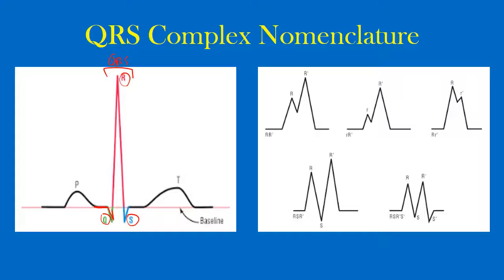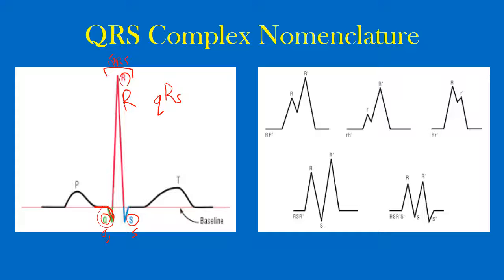If we try to name this QRS image here on the left, let's see how we would name it. Well, this first Q wave is a small one, so small waves get the lowercase q. And here, this is a big R wave, so it'll be a capital R, and this is a small S wave. So we would write it like this: a small q, big capital R, and a lowercase s wave.